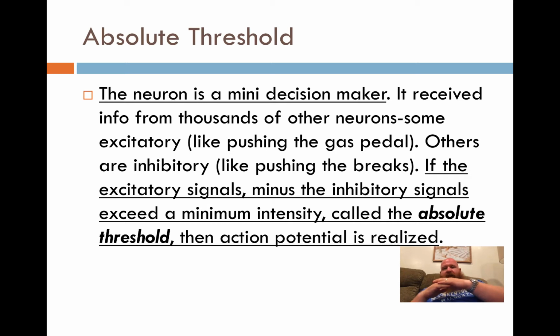Imagine that my eye level right here is the absolute threshold. What that means is if the excitatory signals overcome, or there are more excitatory than inhibitory, then it raises it up. Once it gets past my eyeball, boom, the action potential is realized.